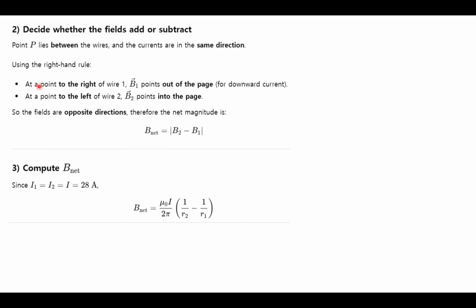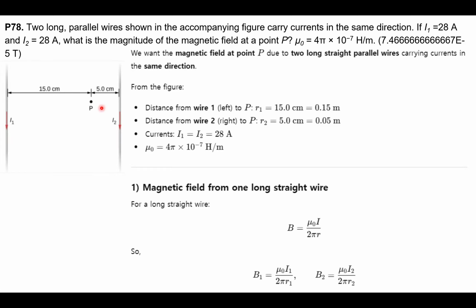here is the case: at the point to the right of the wire, B1 points out of the page, and the point to the left of the wire, B2 points into the page, so that they are in different directions. Okay, let me just try to draw what it is.